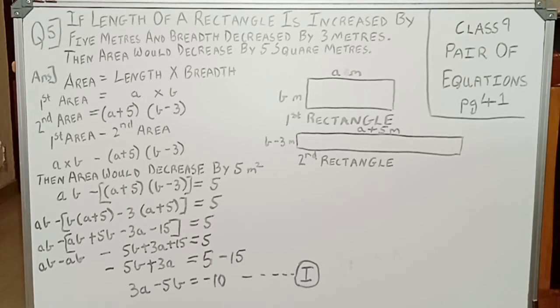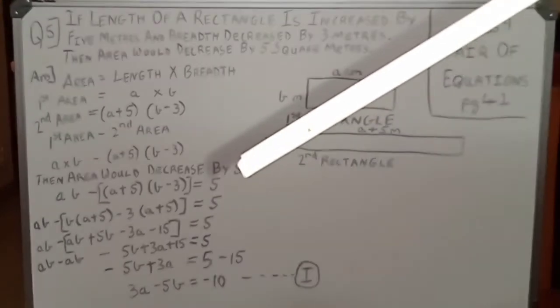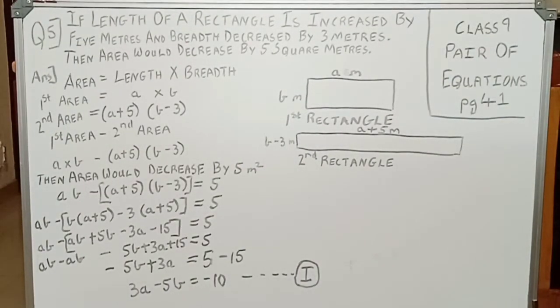The area would decrease by 5, that is why 5 square meters. So 5 is the area. That is why we have substituted and calculated so much.